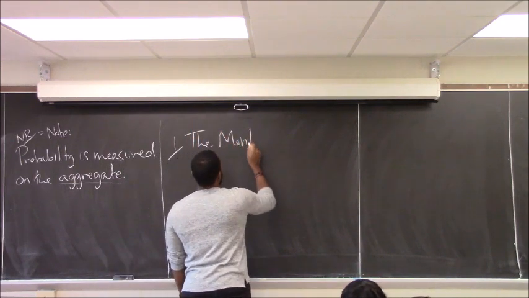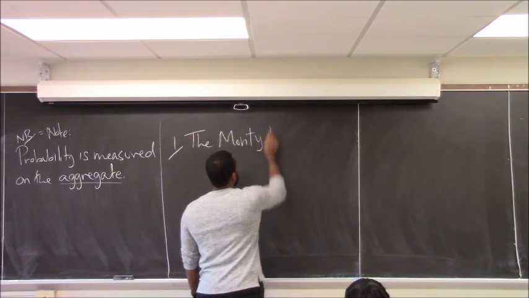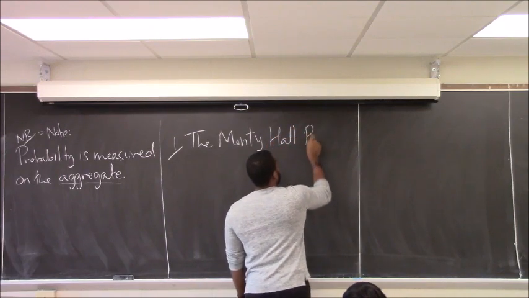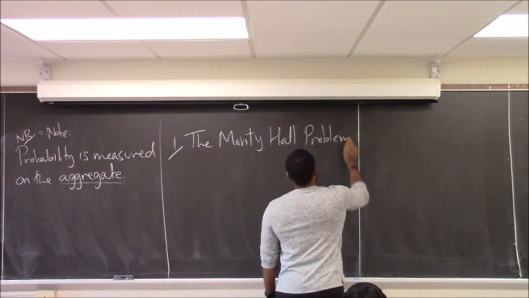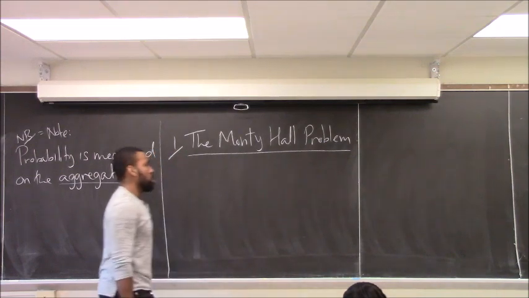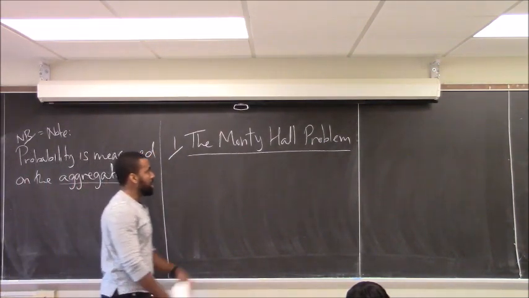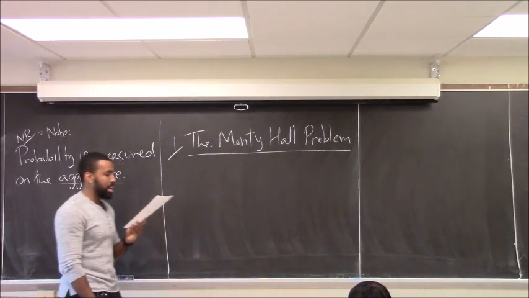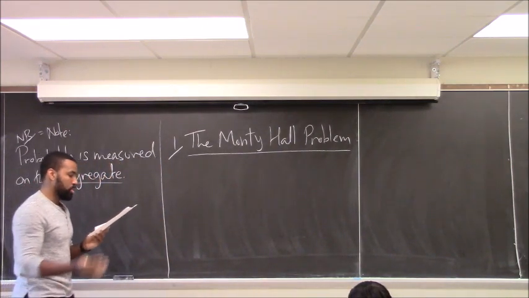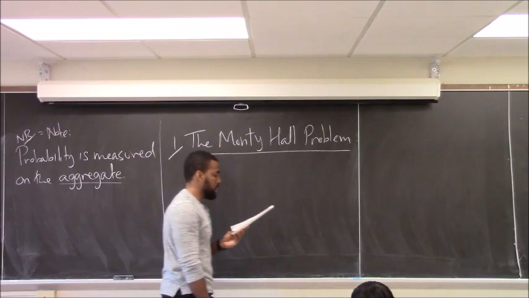I always want to say Monty Python. So, Monty Hall was a game show host, very famous way back in the day. I don't think I've ever actually seen any episodes of this, but I know of the game show.